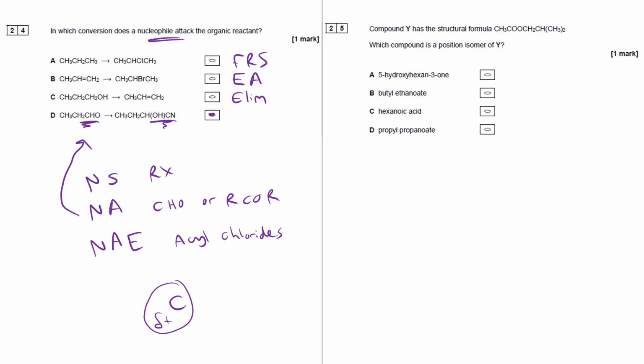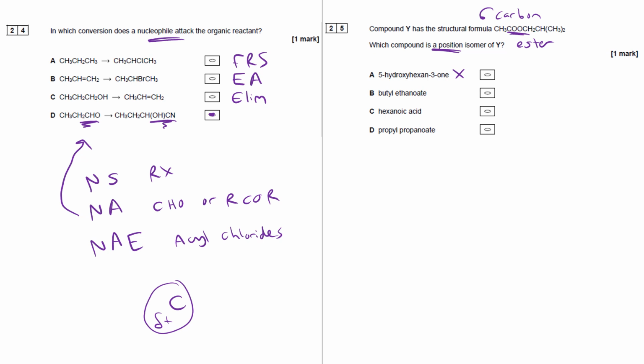Compound Y has a structural formula, which we can see here. What compound is a position isomer of Y? So just remember, a position isomer is when you have the same functional group but in a different position. So we've got 6 carbons. The functional group is an ester. So a position isomer must still be an ester.